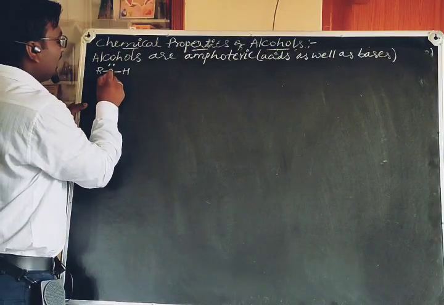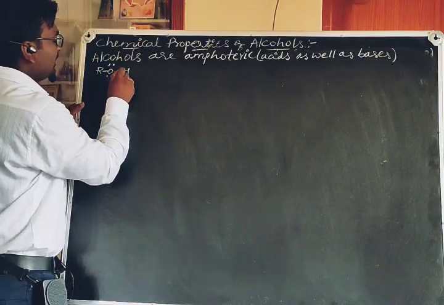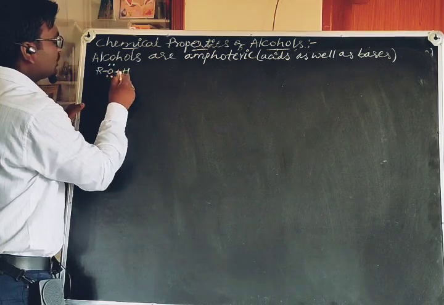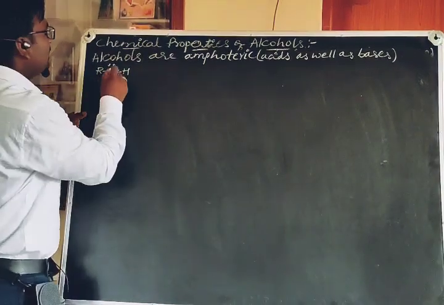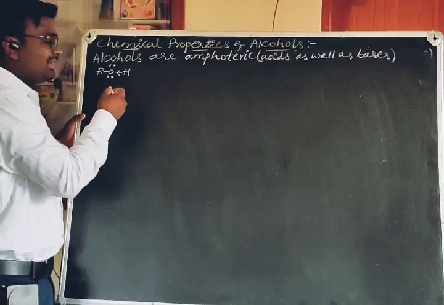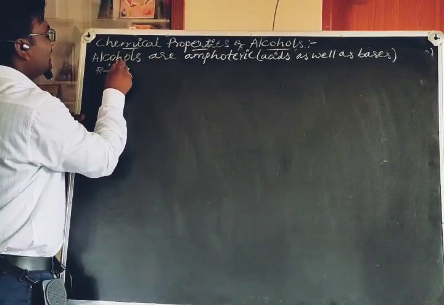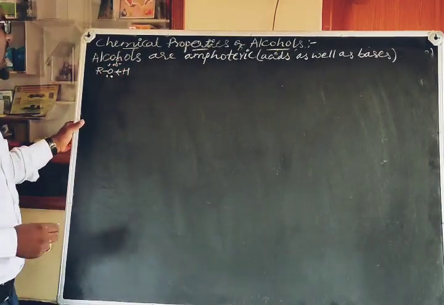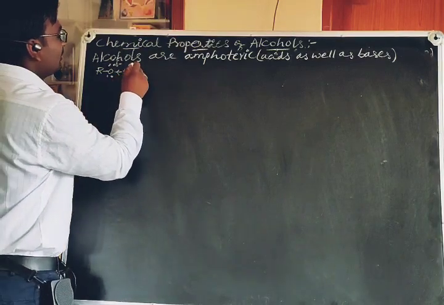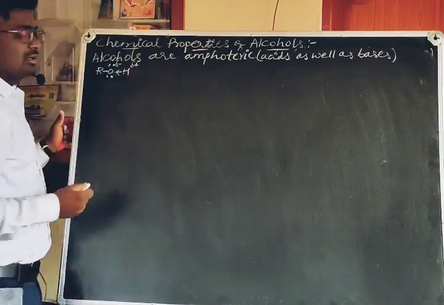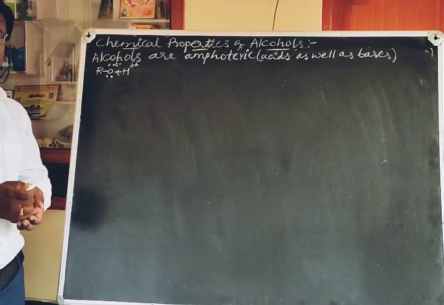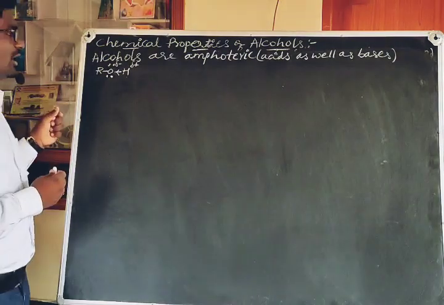Due to the high electronegativity of oxygen, it pulls the bonding electrons towards itself, becomes slightly rich in electron density and gains a delta minus charge, and hydrogen gains a delta plus charge. This means alcohols are polar in nature.